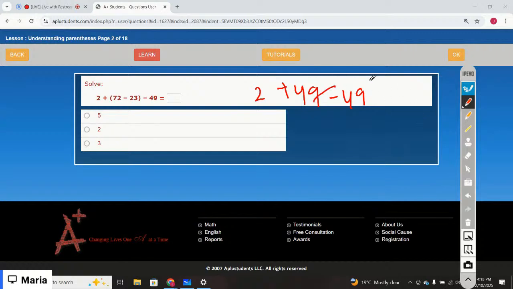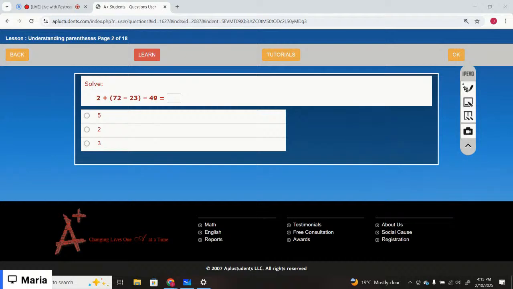So you are left with 2 only. The correct option is option number 2.